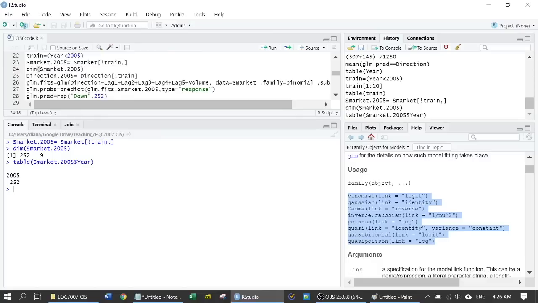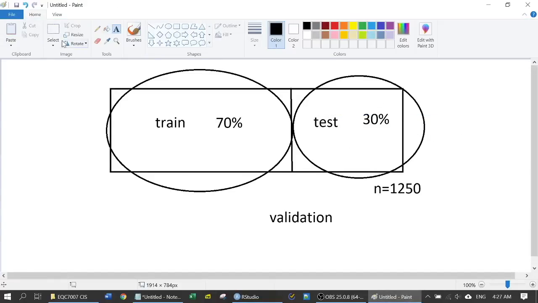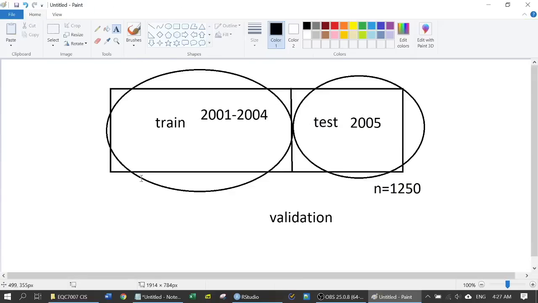So I hope you know that SMarket.2005 is actually the testing data set. Let's remove this one, because this is not 70 and 30. So this is for the year 2005, and this is for the years 2001 until 2004.